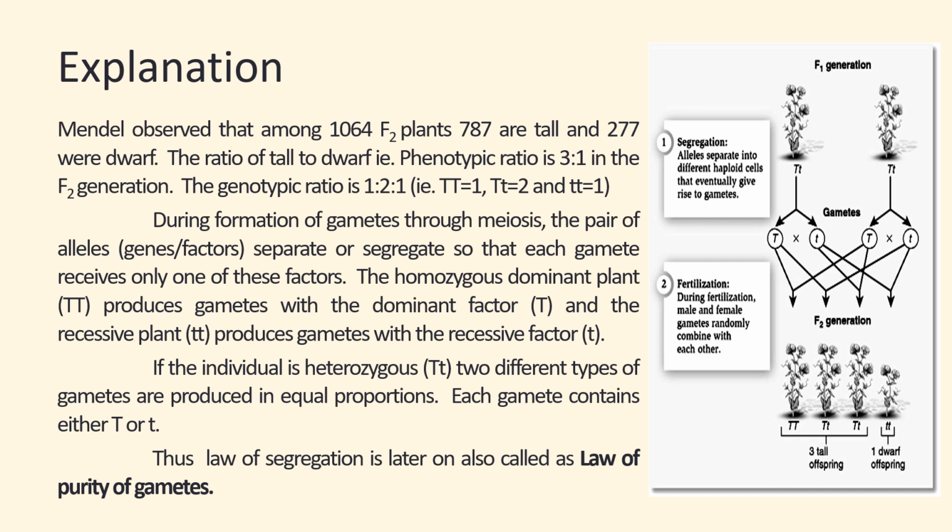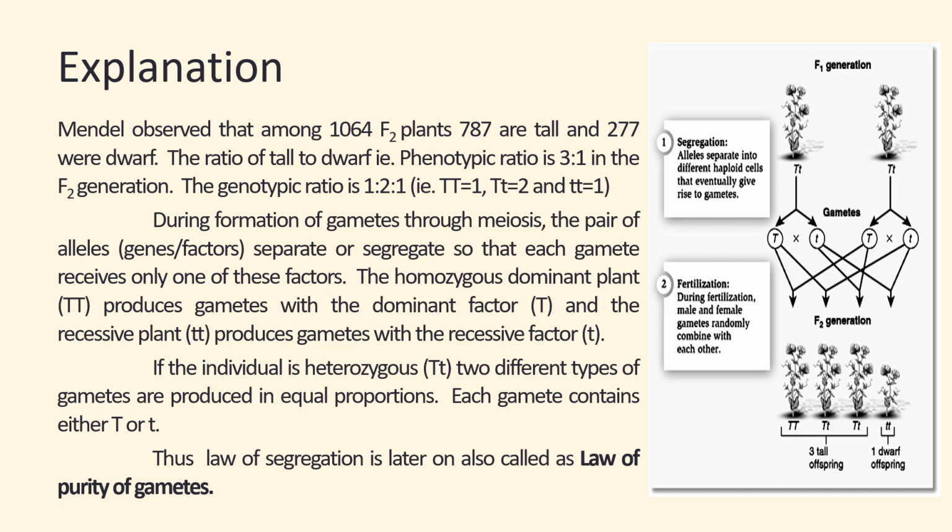During the formation of gametes through meiosis, a pair of alleles, genes, or factors separate or segregate so that each gamete receives only one of these factors. A homozygous dominant plant capital T produces gametes with the dominant factor capital T, and the recessive plant small t produces gametes with the recessive factor.